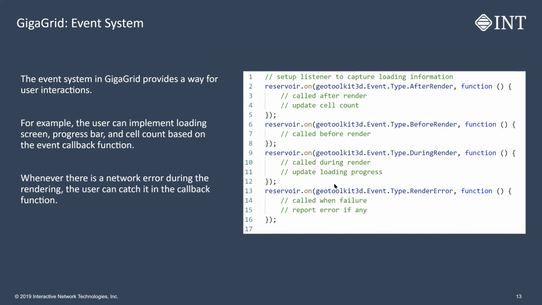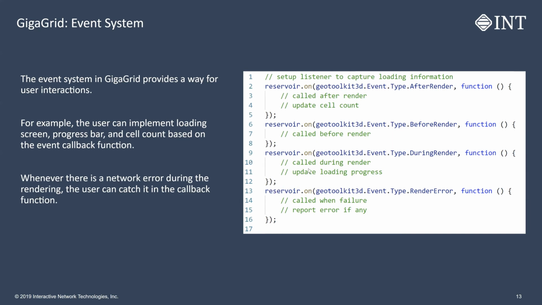So it's called very, very often. We don't recommend doing computation here because it will consume a lot of computer resources. It's better to just update some simple stuff like a progress bar, so you can have an idea of how much data you have loaded and how much is left to load.